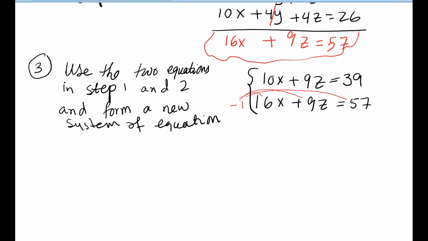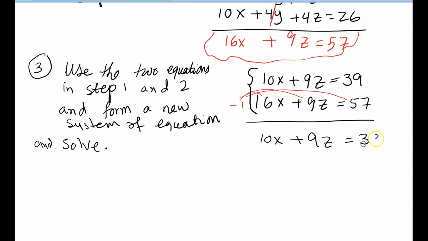You just solve the system of equations here. So use the two equations and solve. So now here you have, rewriting the first equation, 10x plus 9z equal to 39, and then negative 16x, negative 9z, equal to negative 57. You combine these.